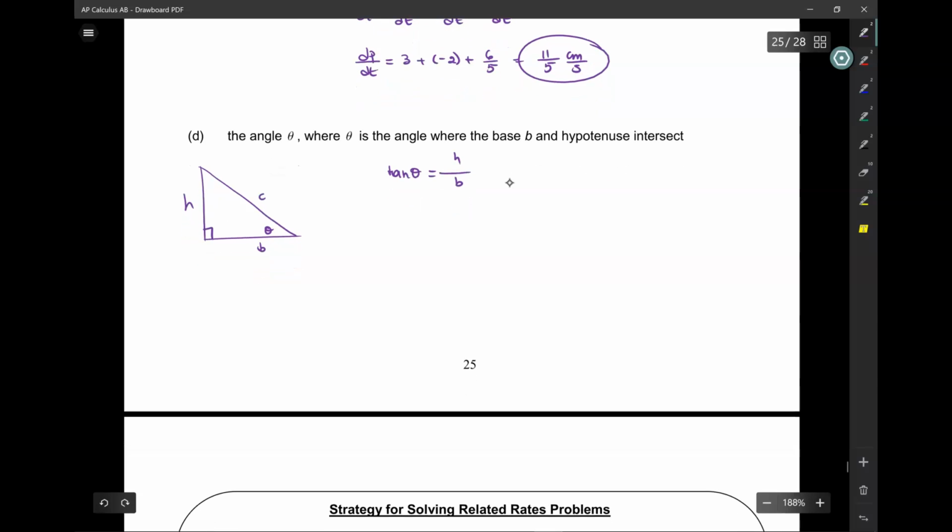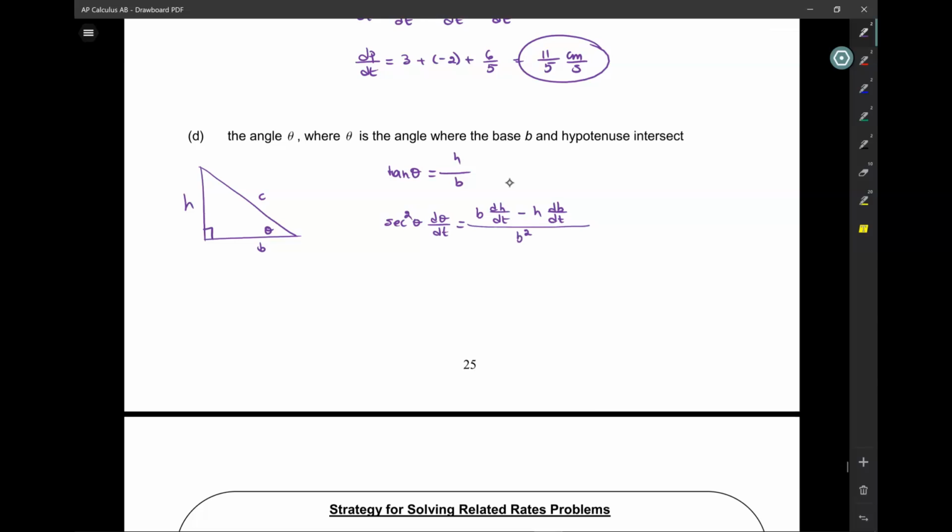So now, if I take a derivative of both of these sides, then secant squared theta d theta/dt is equal to what? Quotient rule. So b dh/dt minus h db/dt over b squared.